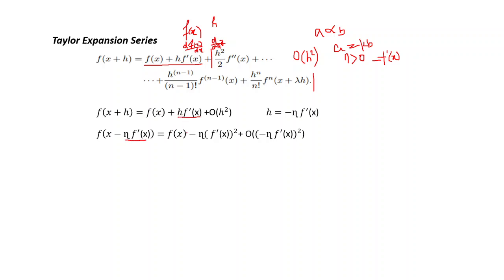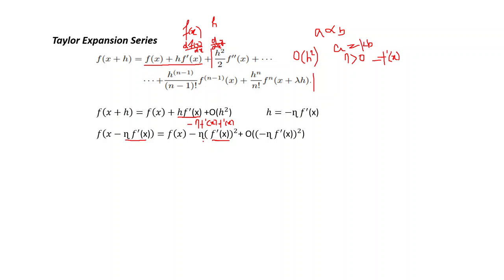Again we have h, so this part will be minus eta f prime x, and we have another f prime x, this one, into f prime x. So twice f prime x will give you the square of f prime x.